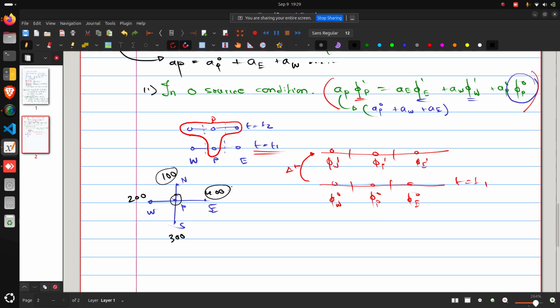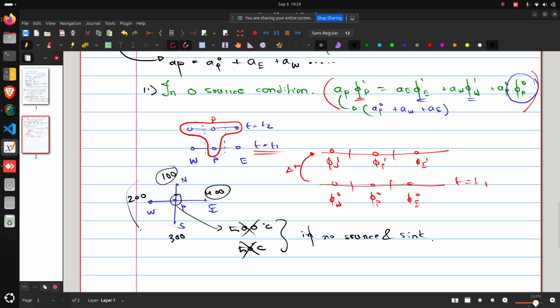It cannot be less than that or more than 400. It cannot physically be 500 degrees Celsius, and it cannot be 50 degrees Celsius if there is no source and sink. If there is no source and sink, this will be bounded. So this is called the bounded part, bounded by the neighborhood values.